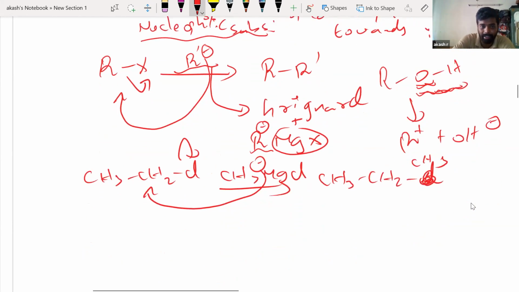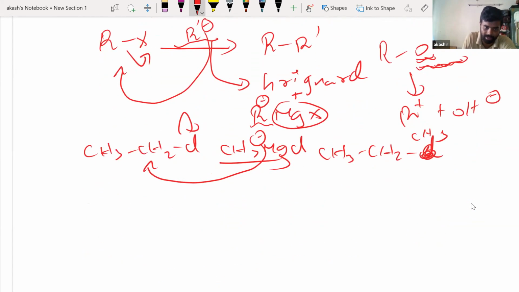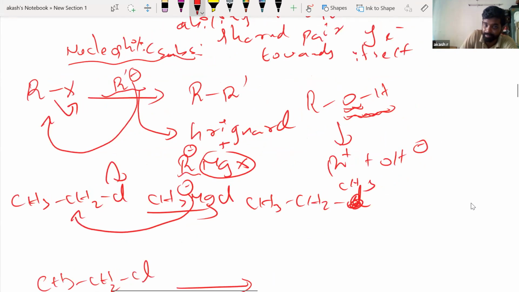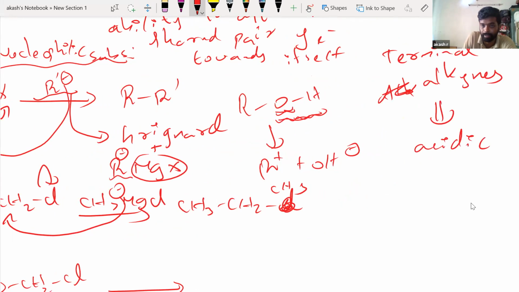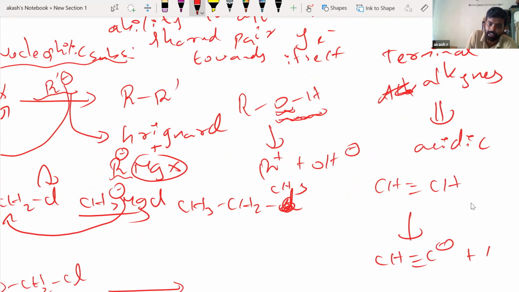Now another thing is, I don't know why they gave you this, but still, say if I have CH3CH2Cl, and if I have any alkyne, please understand, before we understand this, not all alkynes, terminal alkynes, you must have studied this in your 11th class. Terminal alkynes are a little acidic in nature. Is it not? CH triple bond CH can be written as CH triple bond C minus plus H plus.